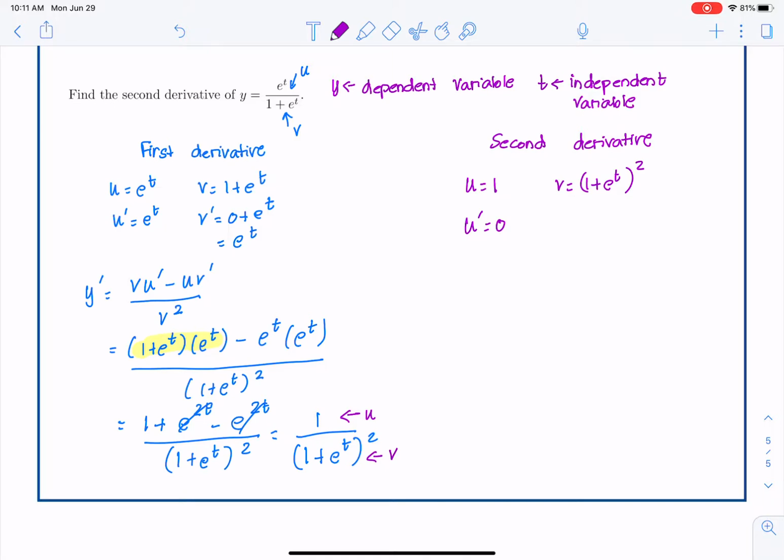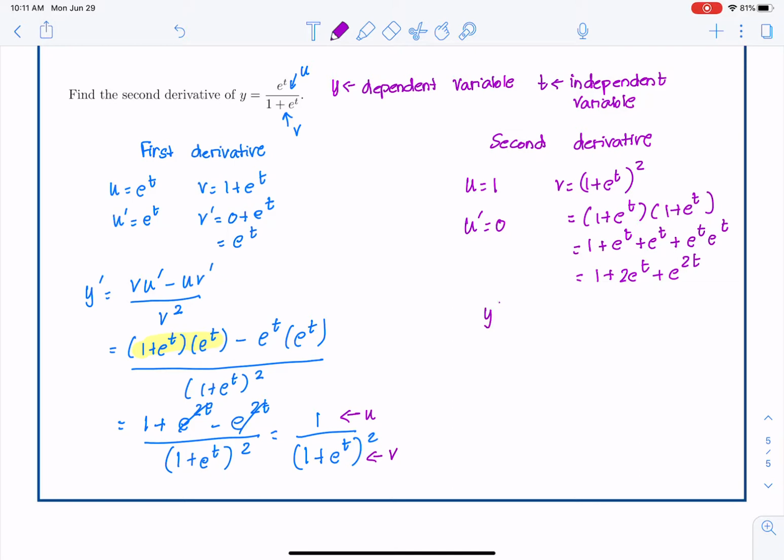But as of now, we're just going to FOIL this. And if I FOIL, I have 1 plus e raised t plus e raised t plus e raised t times e raised t, which would give me 1 plus 2 times e raised t plus e raised to t.